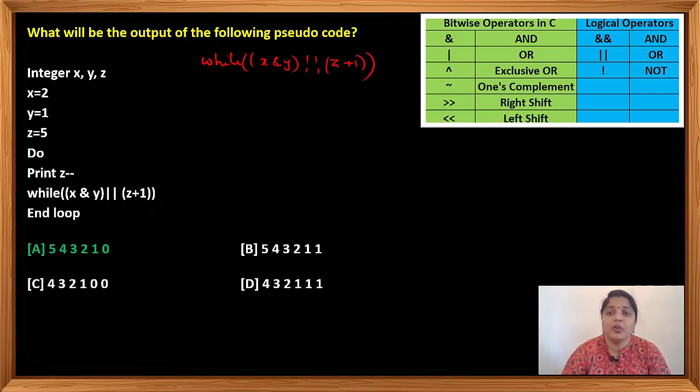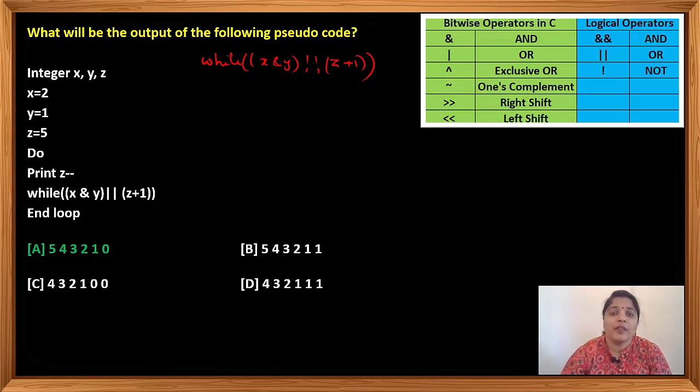Then we have a set of logical operators. In logical operators, we can perform the operation on the operands itself. You don't have to convert them into binary. That's the difference between bitwise operators and logical operators.